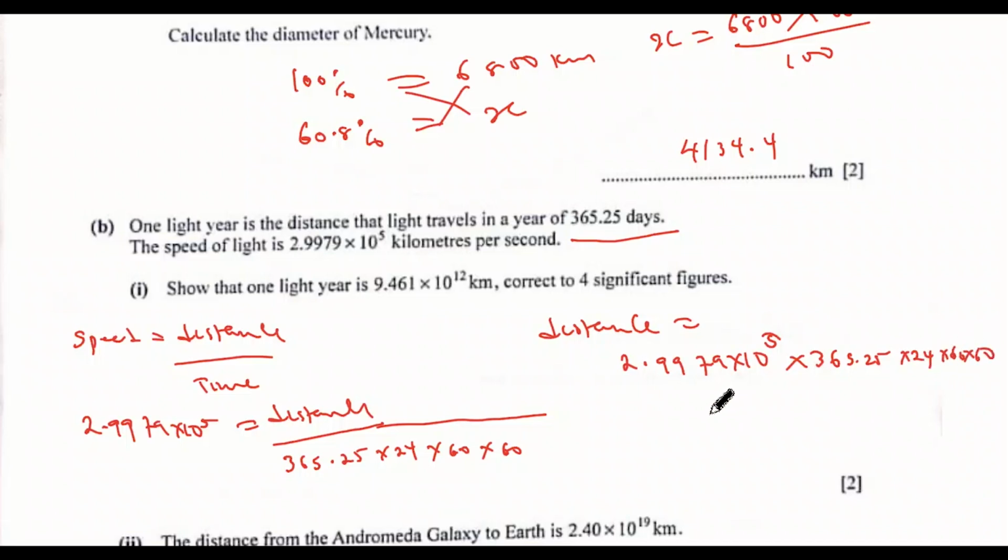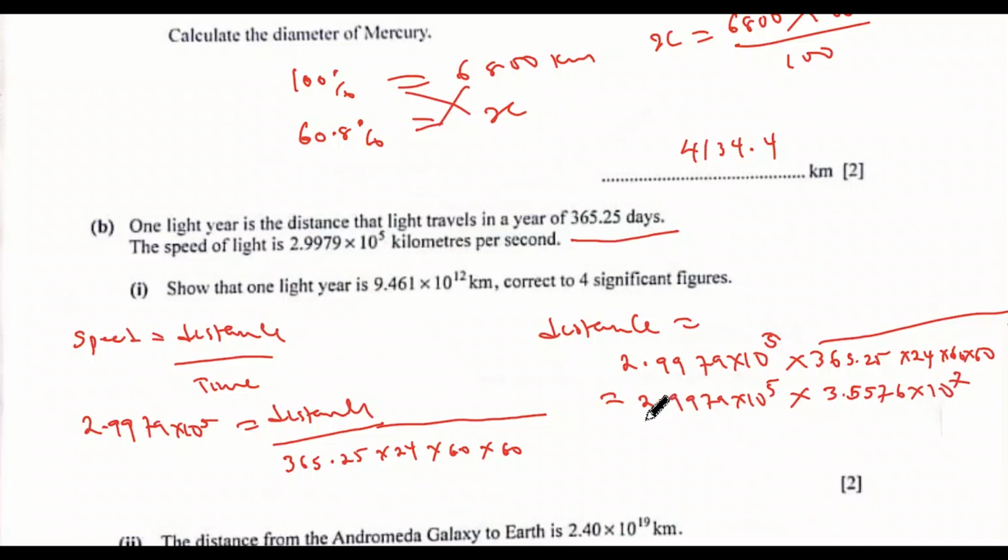So this will be your answer. If you do this, 2.9979 times 10 to the power of 5 multiplied by the product of these numbers will give you 3.15576 times 10 to the power of 7.